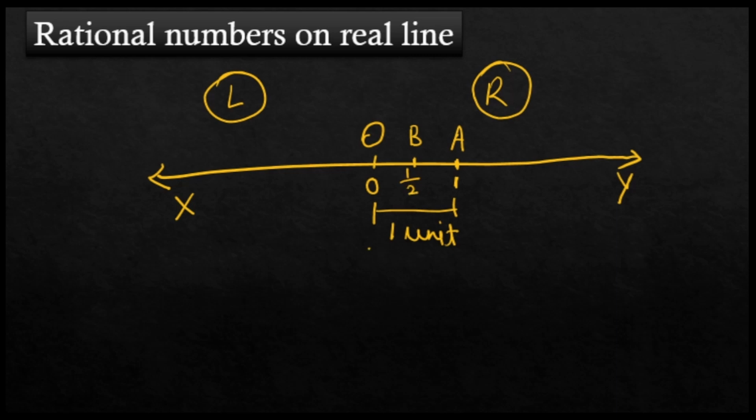So the distance from O to B is 1 by 2, and we will take it as a standard distance to mark off all the points on the line. To the right side, let's start it. Mark off equal distances of the same value as O to B.